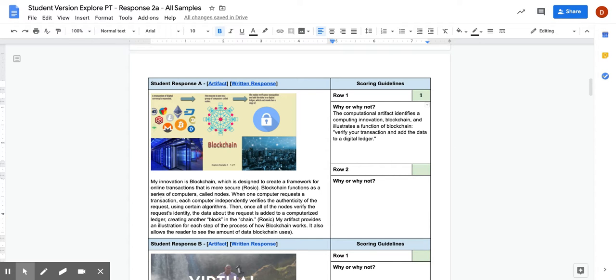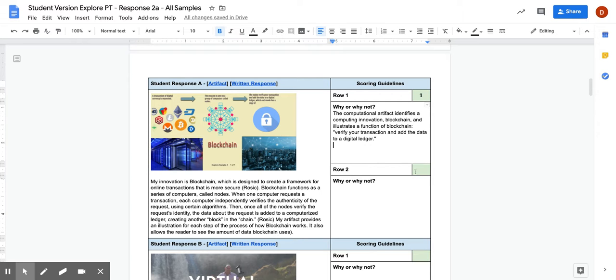When one computer requests a transaction, each computer independently verifies the authenticity of the request using certain algorithms. Once all the nodes verify the request's identity, the data about the request is added to a computerized ledger called a block in the chain, also referencing Rosic. My artifact provides an illustration for each step of the process of how blockchain works. It also allows the reader to see the amount of data blockchain uses.